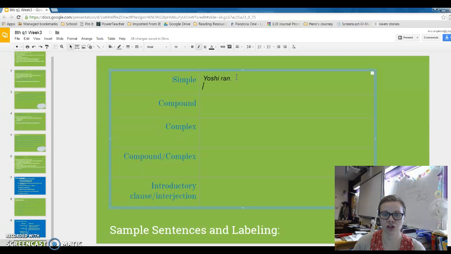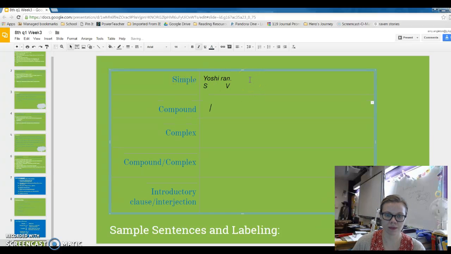So a simple sentence should have one subject, Yoshi, one verb, ran, and it should be one independent clause. If we go compound, it's going to be Yoshi ran and he fell.